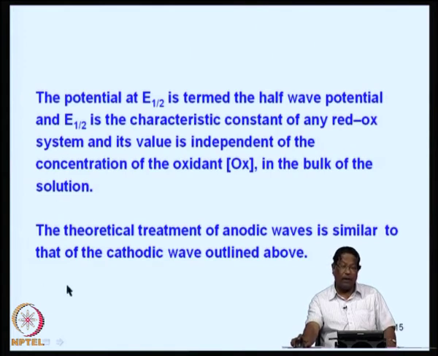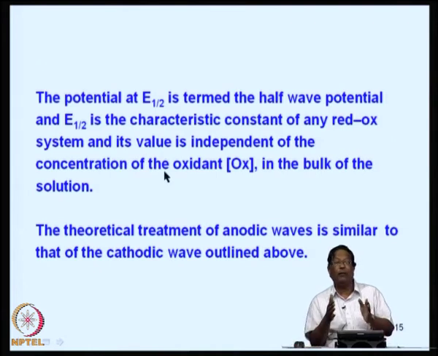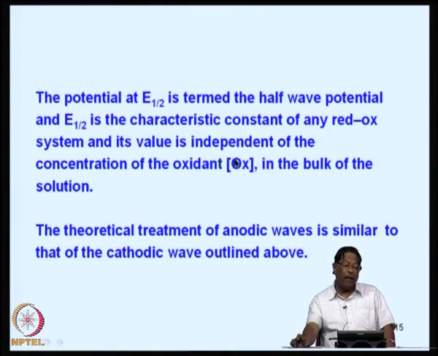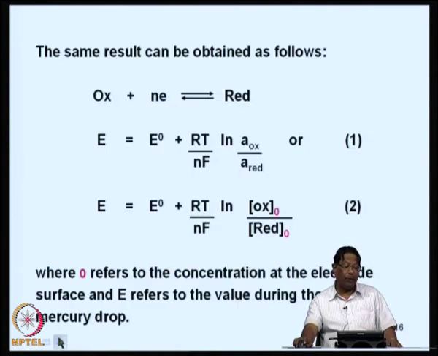The theoretical treatment so far what we have done is for cathodic treatment. Now, let us consider the anodic wave, where mercury is also getting reduced, and you can prove that a similar theoretical treatment works in the case of the cathodic wave.